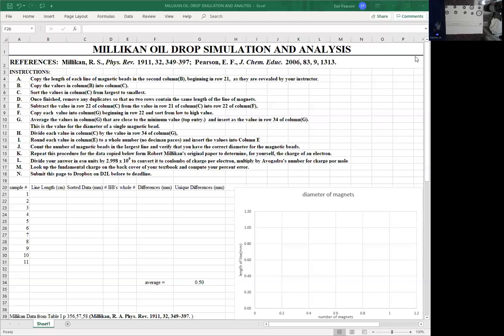What I'm showing you today is a variation of an experiment that I published in the Journal of Chemical Education in 2006. It was to use magnetic strips, refrigerator magnets, cut into little pieces to resemble oil drops, and BBs to represent the electrons.